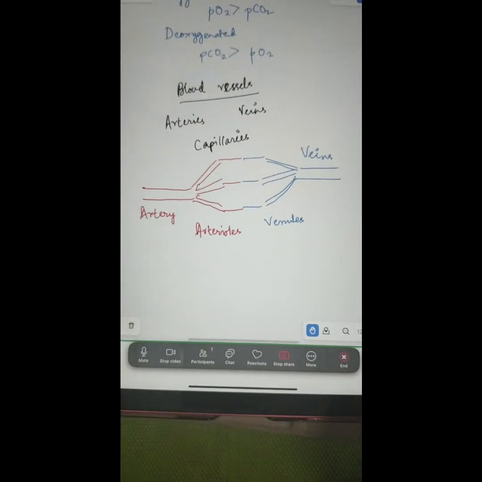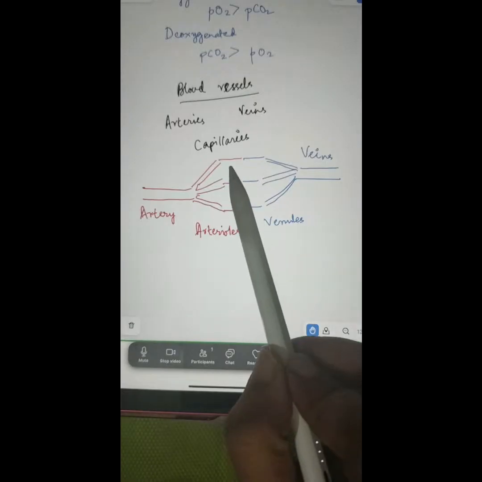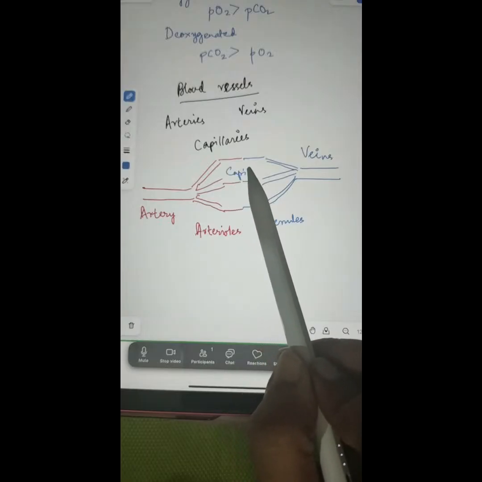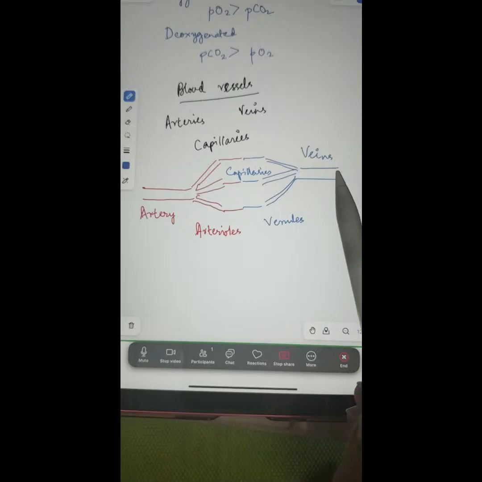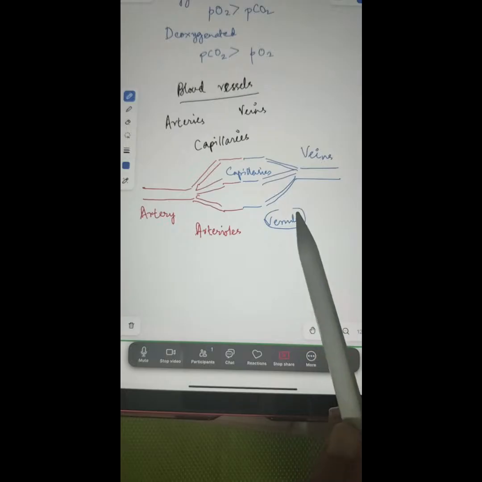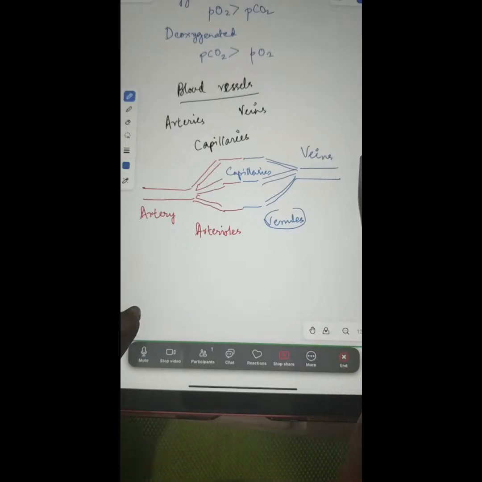So this diagram should be remembered thoroughly: arteries branch to form arterioles, arterioles branch to form the capillaries. These are shown by red and blue because they contain both oxygenated and deoxygenated blood. Capillaries unite to form the venules and venules form the vein.